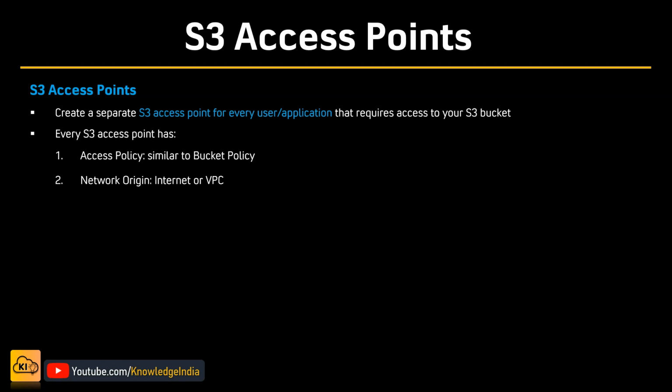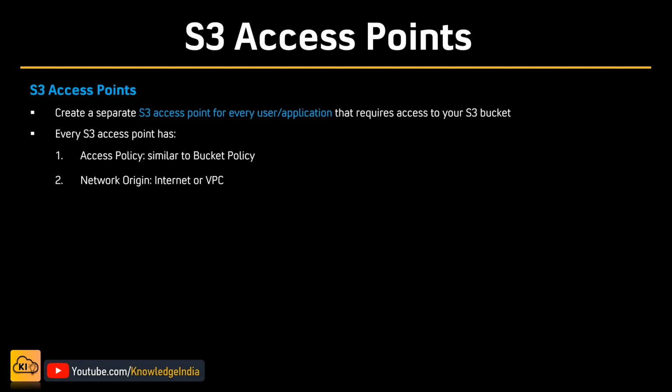Earlier, let's say if you had one bucket, and within that bucket, if you had a requirement that one of the folders should be accessible from internet, let's say, and the other folder should be accessible only from VPC, it was not possible to really tie it down that well. But with access points, you can clearly segregate, right?